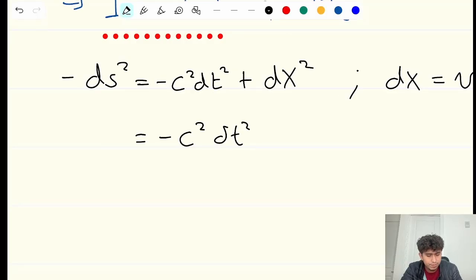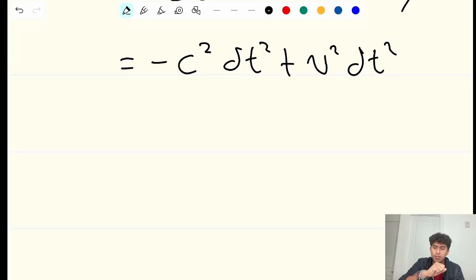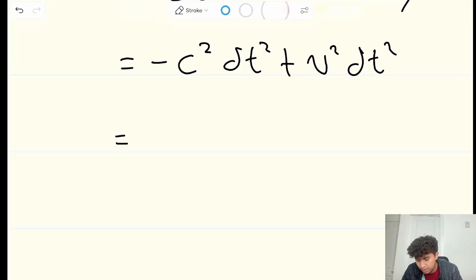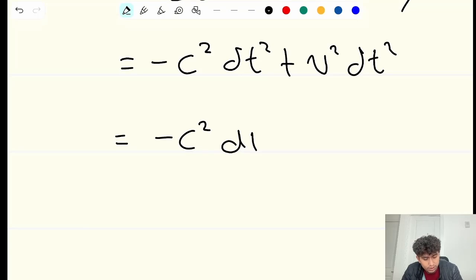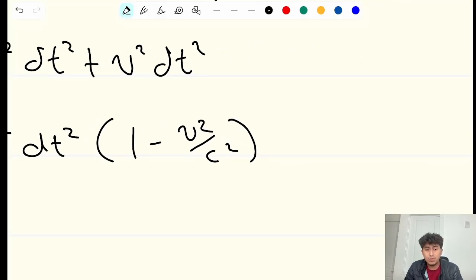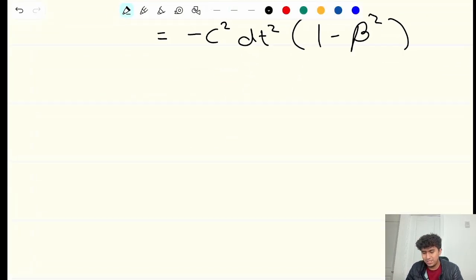So we can replace this. It's gonna be v squared dt squared, and I can take out a factor of minus c squared dt squared. Then this is gonna give us 1 minus v squared over c squared. And if you remember, v squared over c squared is just beta squared. So beta squared, cool stuff, right?